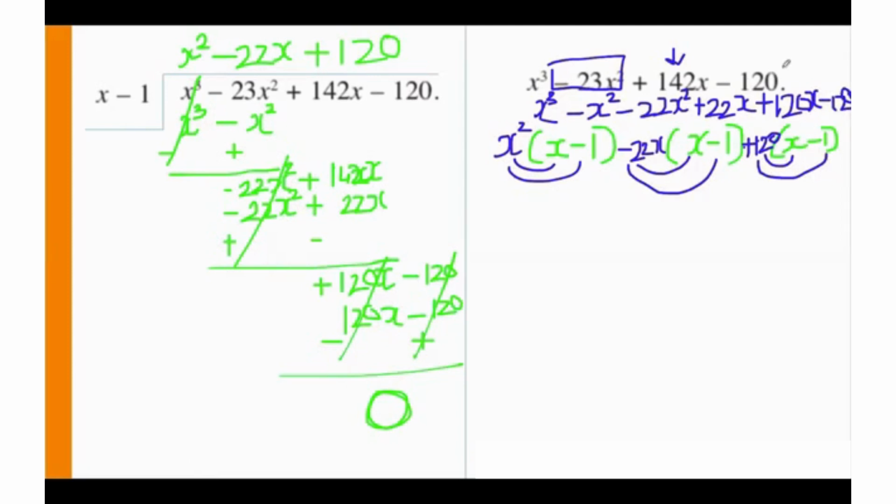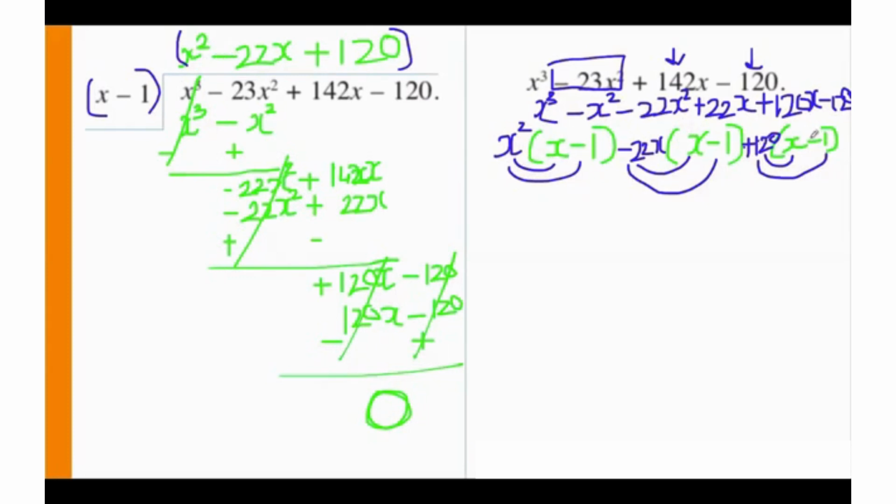Now we already have minus 120 here, so this is where we end the division. So you can see I get the same factors. The quotient is one of the factors and the divisor is one of the factors, right? There are two factors. So which is the same we get here.